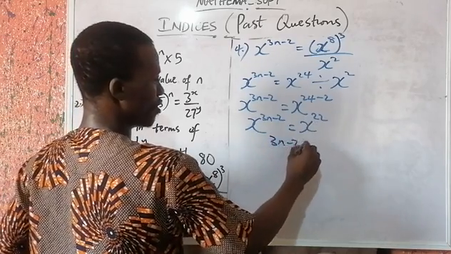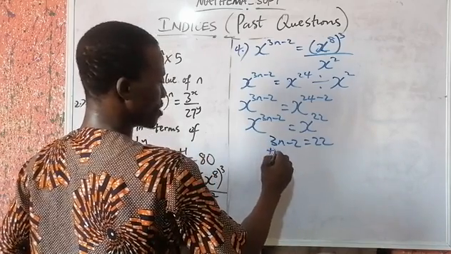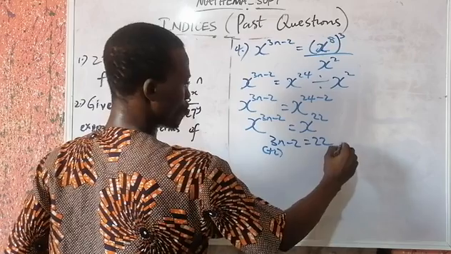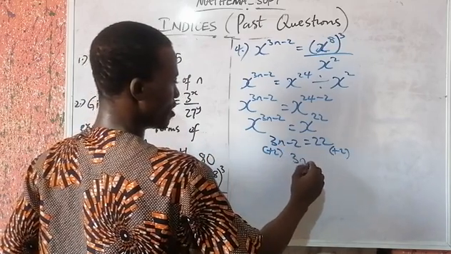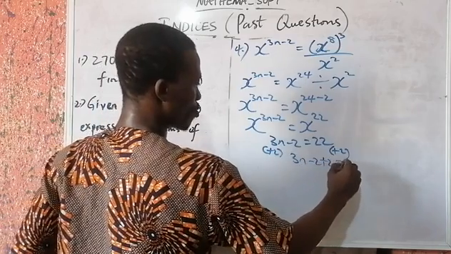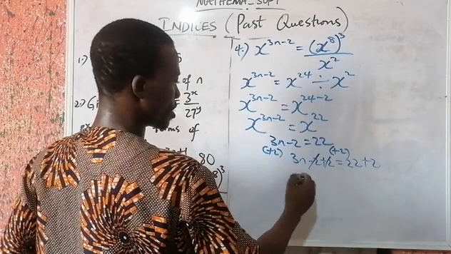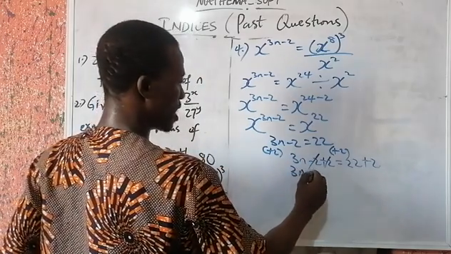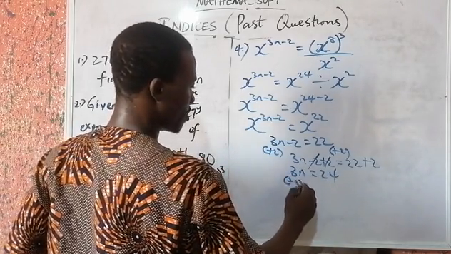That's 3n minus 2 equals 22. Add 2 to both sides so that I can remove this minus 2. That will be 3n minus 2 plus 2 equals 22 plus 2. This will cancel out. Then 3n equals 24.